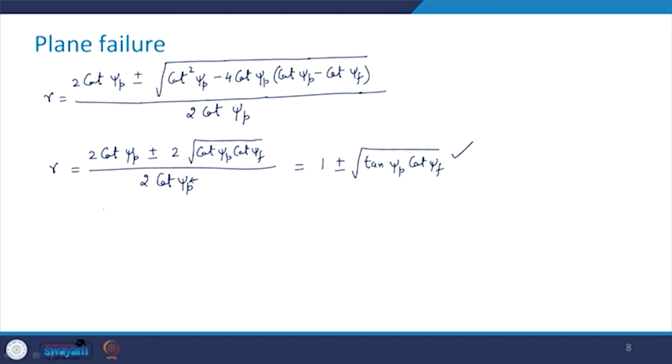Now, this r is z upon h and it cannot be more than 1. So, therefore, this positive sign here is not physically possible. So, r is going to be equal to 1 minus square root of tan ψp cot ψf.